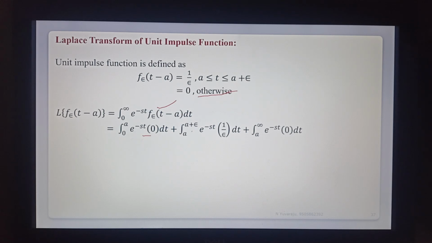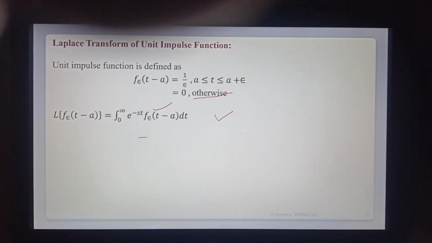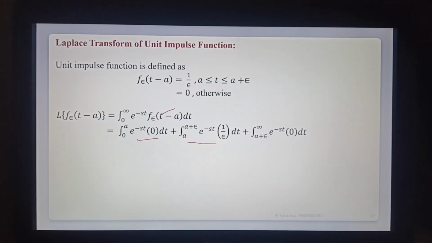Next, from a to a plus epsilon, f of t minus a is equal to 1 by epsilon, into dt. Plus the integration from a plus epsilon up to infinity, which is also otherwise, so the value is 0. So this is 0, this is 0.